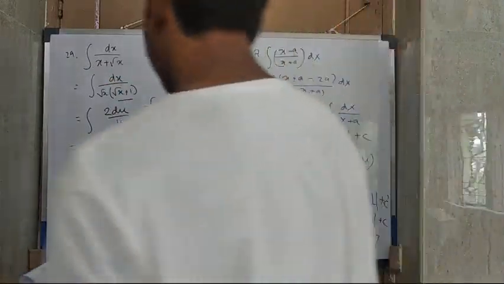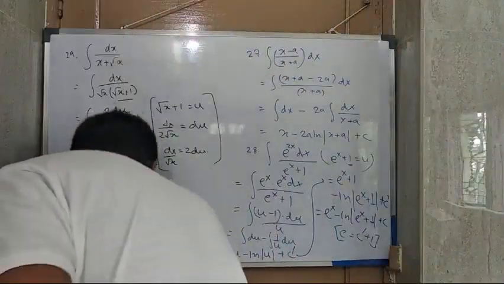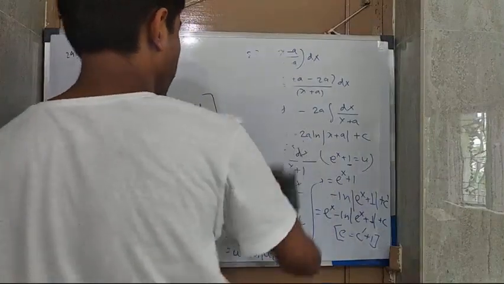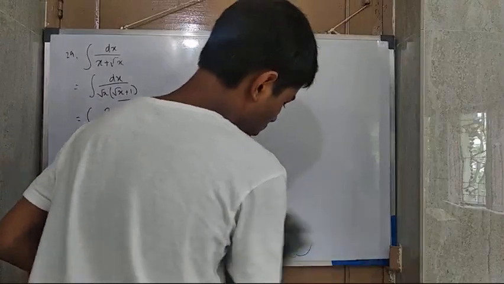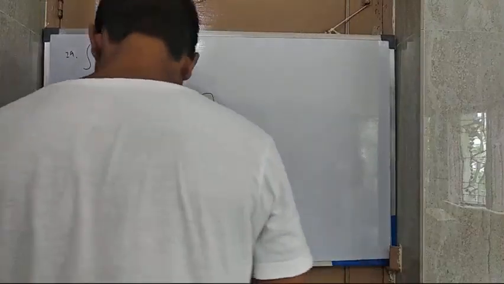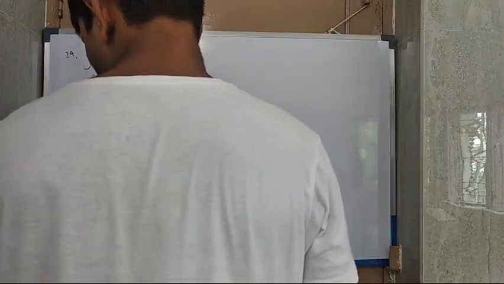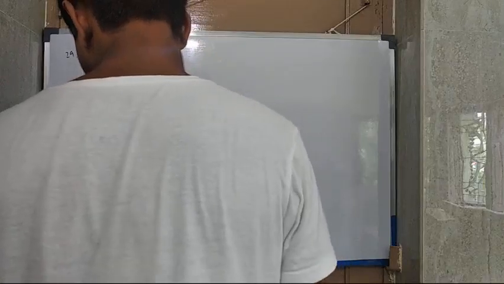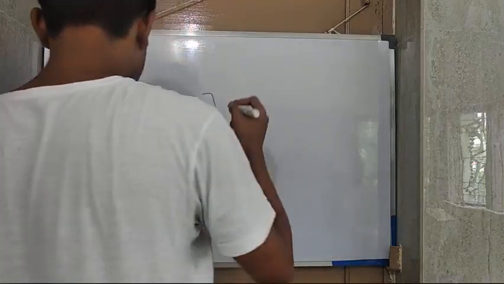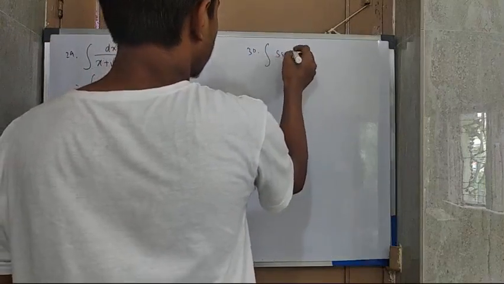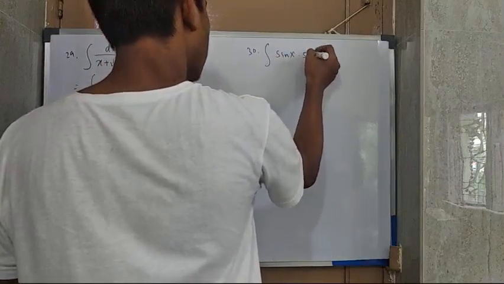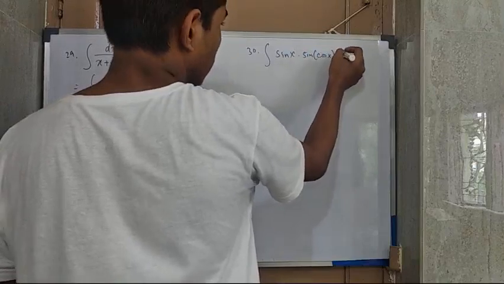Now let's proceed for the 30th question. The 30th question is sin x times sin of cos x dx.